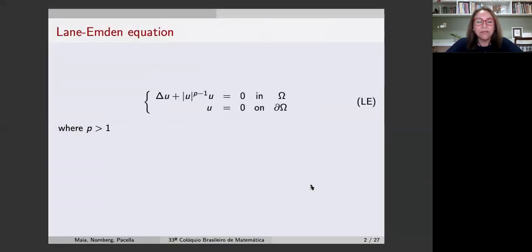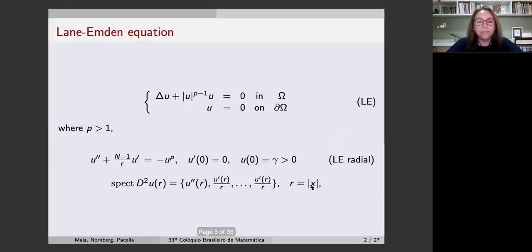So we start with the classical Lane-Emden equation, Laplacian of u plus modulus of u to the p minus 1 u equals 0 in Omega, a domain in R^n, u equals 0 on the boundary of Omega, where p is positive and bigger than 1, and we look for radial solutions of this equation.